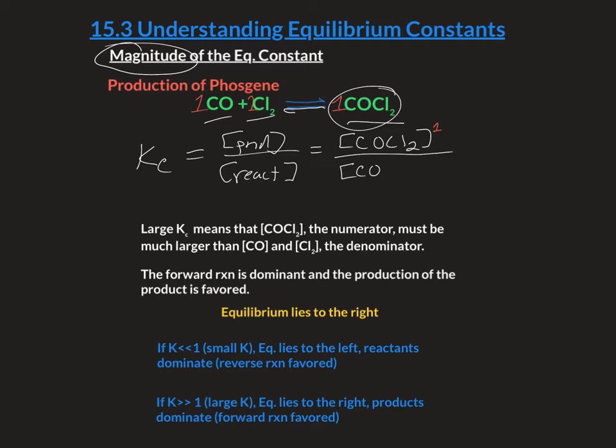And I know last chapter we said that was a no-no. You couldn't take your balanced chemical equation coefficients and put them as superscripts here. But this is something a little bit different. We're comparing products to reactants. This is not a rate law, so to speak.